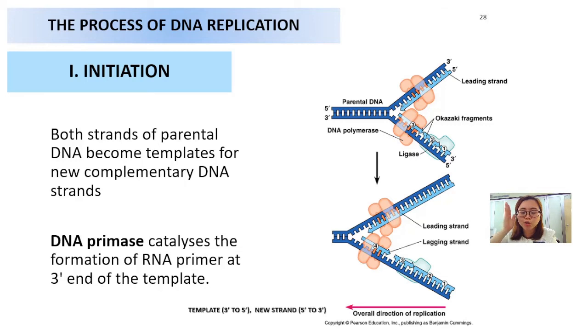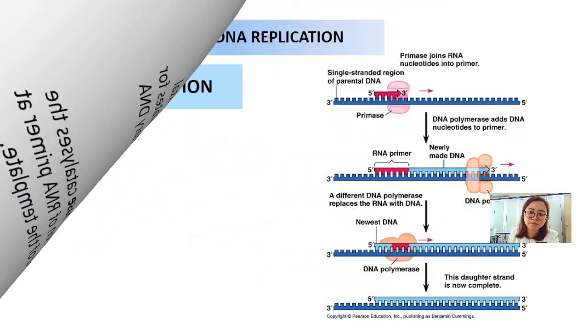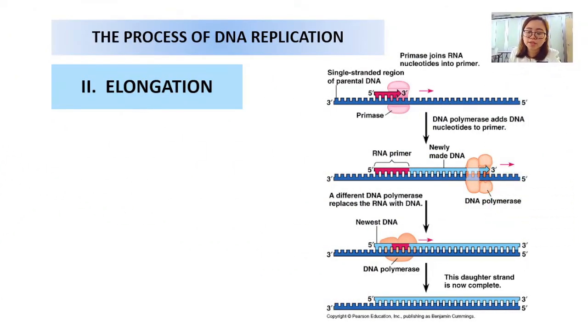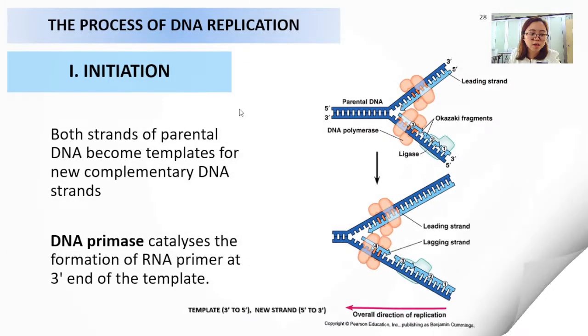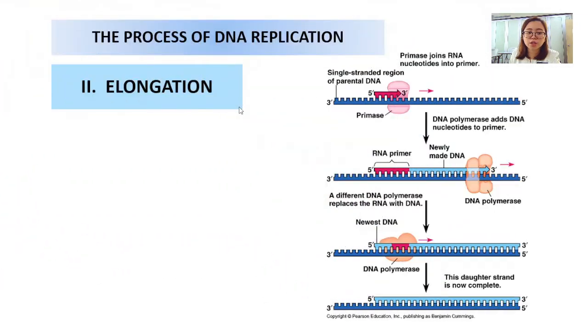Jadi untuk membantu enzim lain buat kerja, DNA primase akan letak satu RNA primer di mana-mana tempat yang dirasa sesuai dan RNA primer ini akan diganti nanti. Okay. So after the RNA primer is placed by DNA primase, we are going to go into step number 2.